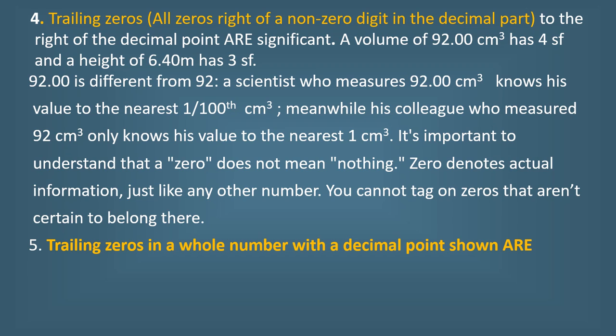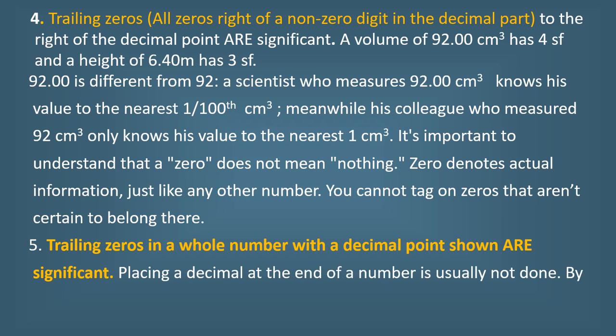I need you to understand these rules because you are going to apply them when you are recording or identifying significant figures. Number 5. Trailing zeros in a whole number with a decimal point shown are significant.